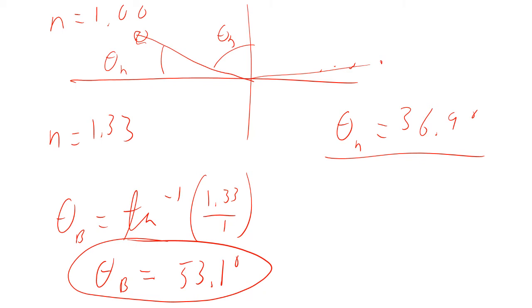Now, it turns out that's an interesting thing because this happens relative to other things too. I mean, I could have glass. If I had light reflecting off of glass, it's going to be a similar sort of thing. So if I have glass, so n equals 1.52, this is air.